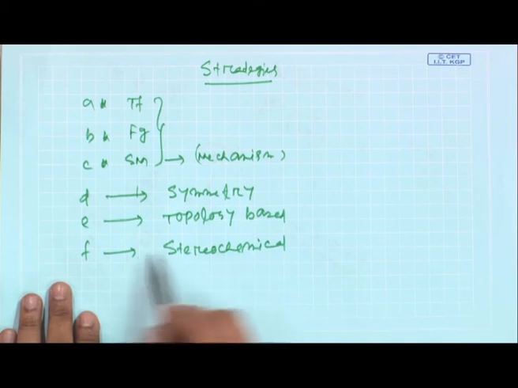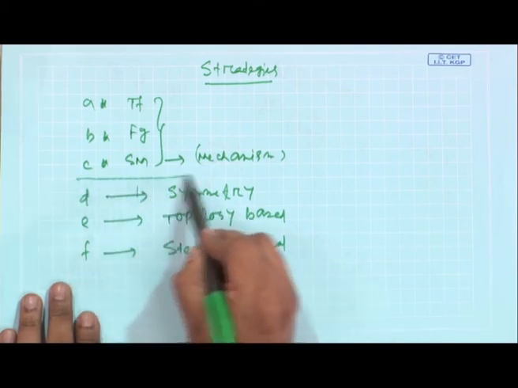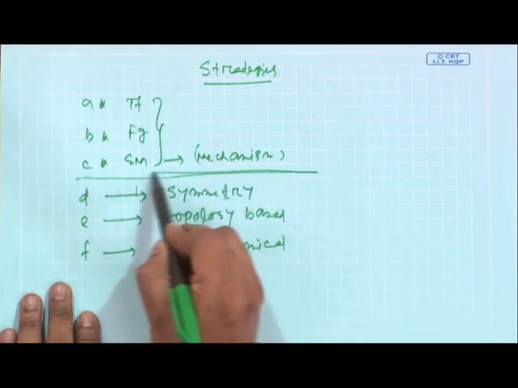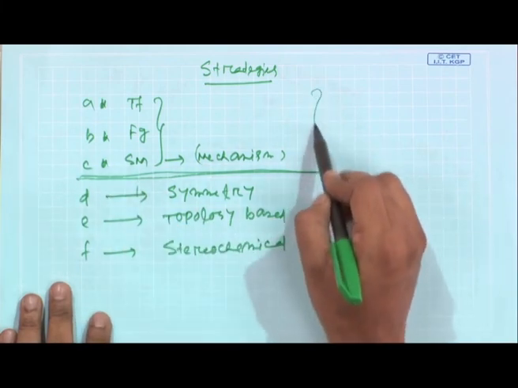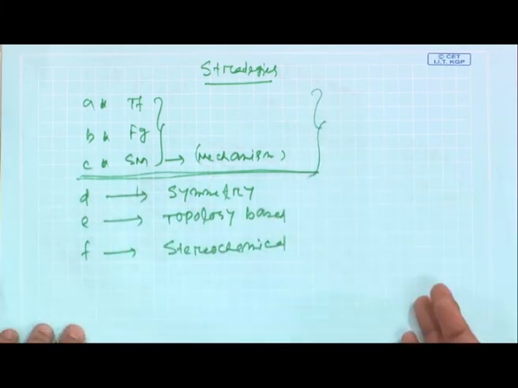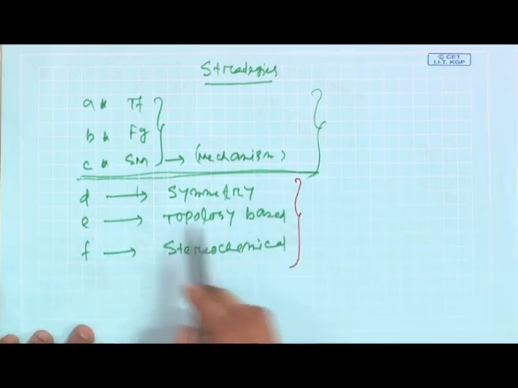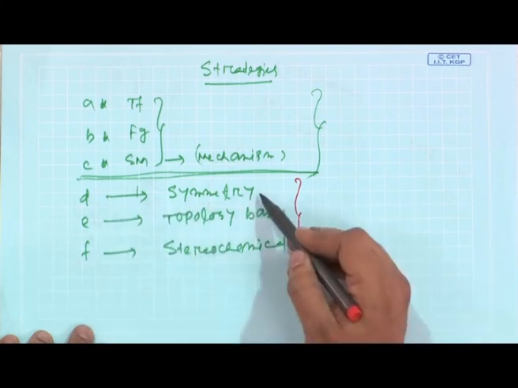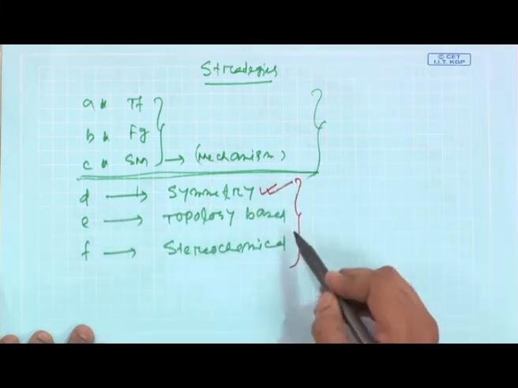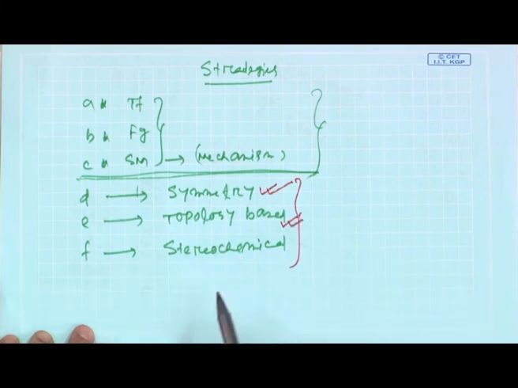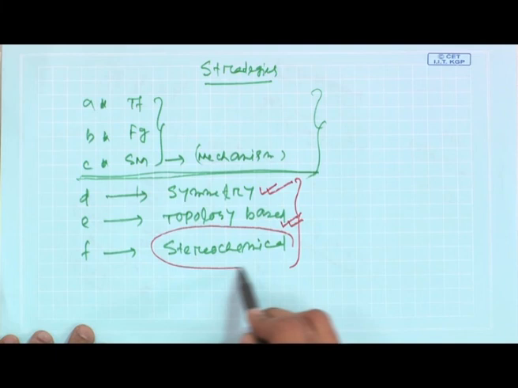So, still today we have covered these 3 parts, because these 3 parts are the main highlight of the elementary course which I am offering. Our remaining lectures will focus first on symmetry based strategies, then topology based strategies, and then stereochemical based strategies, and then we will have a concluding remark and sum it up.